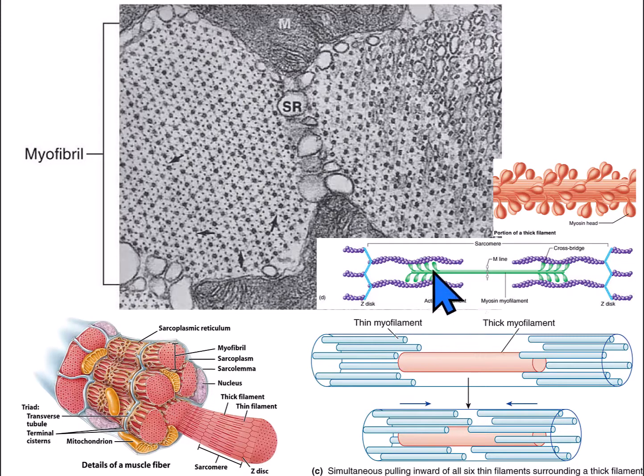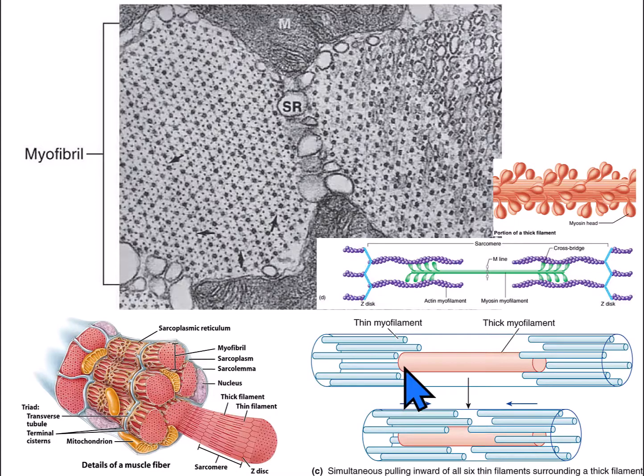It's only showing 1, 2 on this side and 1, 2 on this side, but this is just a two-dimensional structure. Three-dimensionally, you're actually going to have 6 of these thin filaments around the one thick filament. And since we have myosin heads all around that thick filament, that's going to allow those myosin heads to form cross bridges all along here to interact with those 6 thin myofilaments.